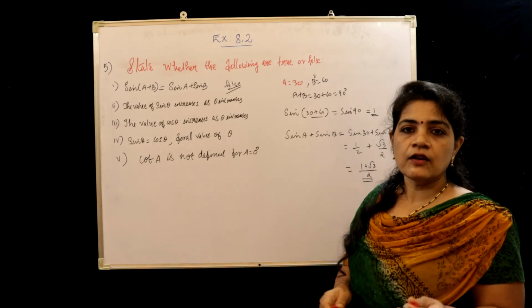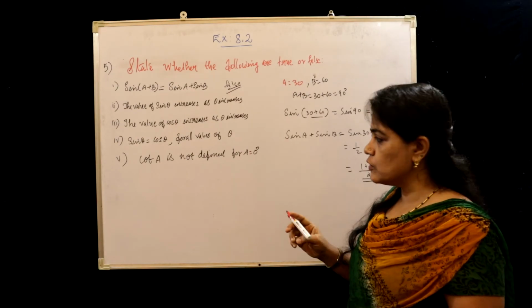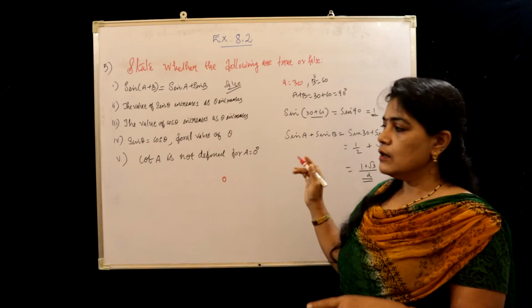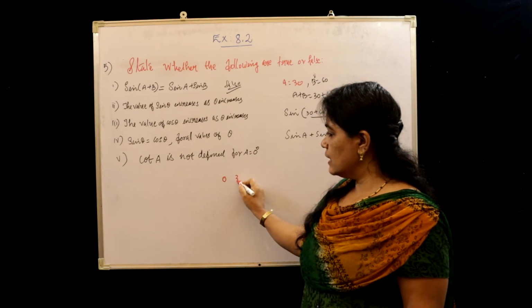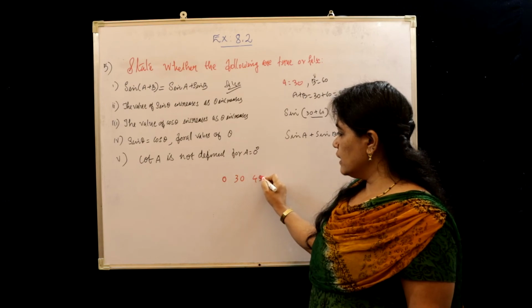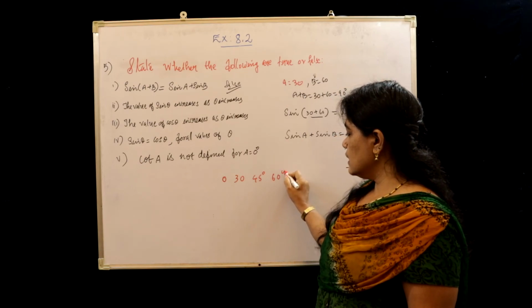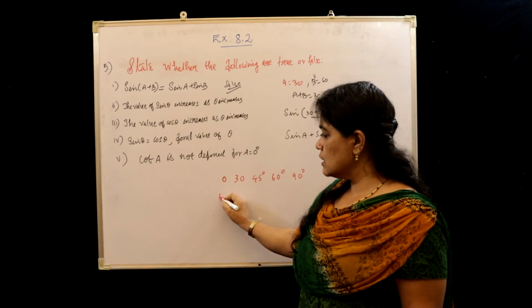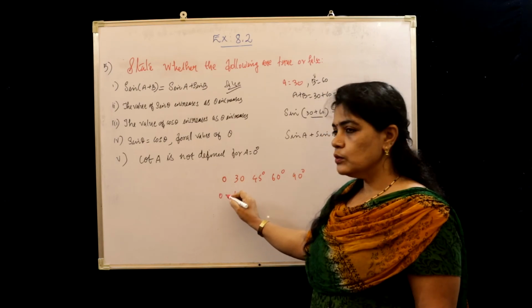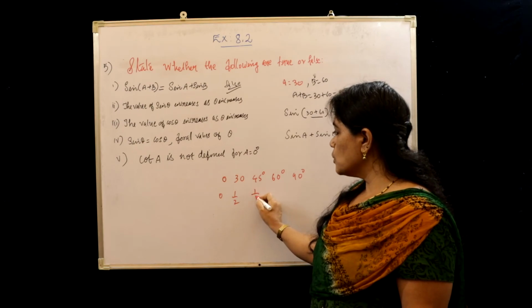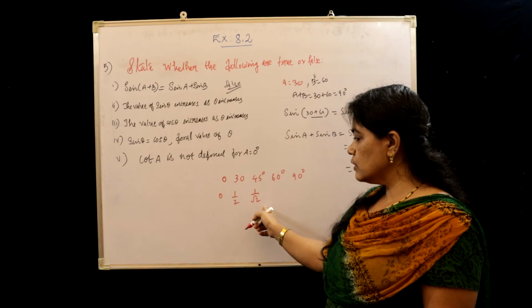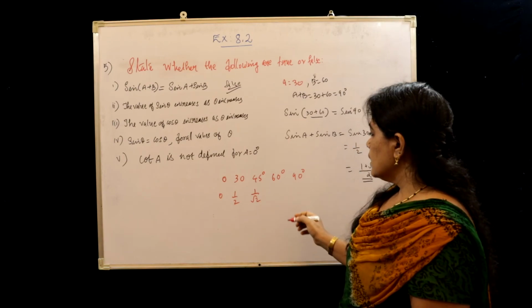And the second one, the value of sine theta increases as theta increases. We are familiar with the first row, that is sine 0, 0. As theta increases, we know that 30 degrees, 45 degrees, 60 degrees are in increasing order, isn't it? And also we know the values, that is 0, 1 by 2 is less than 1 by root 2. 1 by root 2 is greater than 1 by 2, because the denominator is smaller.